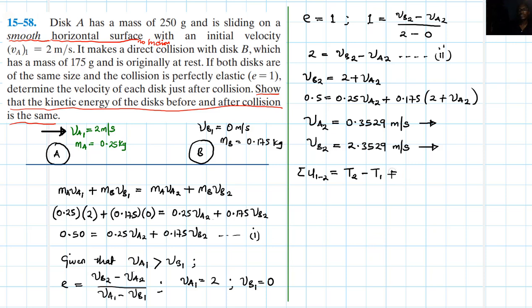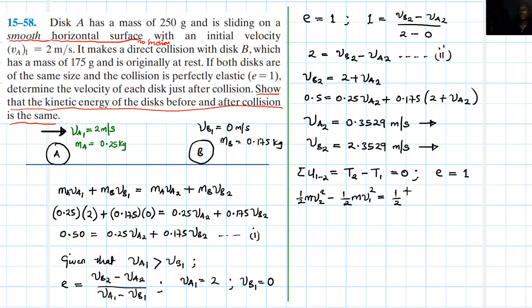And then this is going to be equal to 0 when e is equal to 1. Alright, so let's work it out. So we do have half mv2 squared minus half m v1 squared.